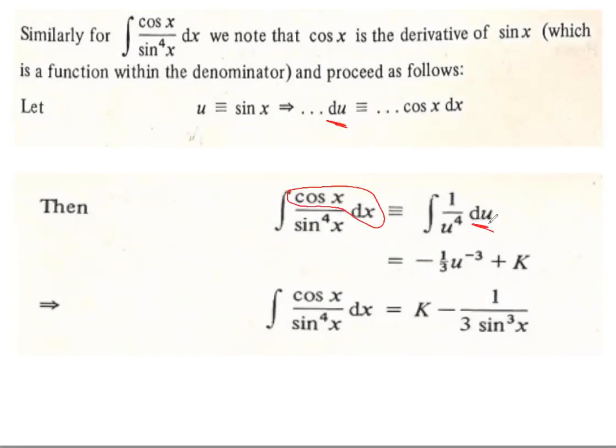So we're replacing all of this with du. And the 1 over sine x to the 4th power is really 1 over u to the 4. This you can write as u to the minus 4, right? You integrate that, you add 1, and you get this. Then you write it back in terms of sine x, because u is really sine x.